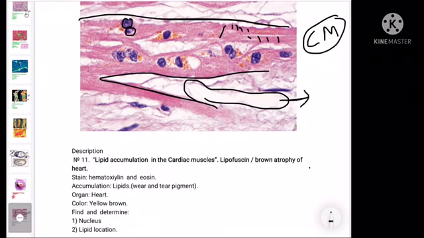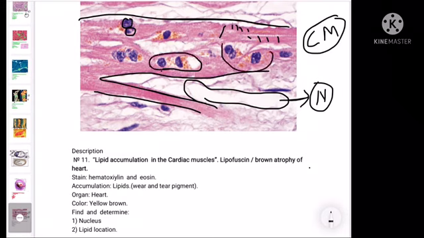This one is not an accumulation, rather this one is normal. These muscle cells have nuclei, and in this image, here as well, just near the nucleus there are some brown depositions. These yellow brown depositions are the lipid accumulation.